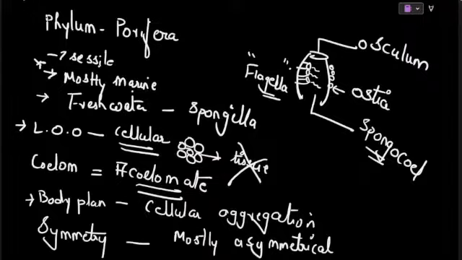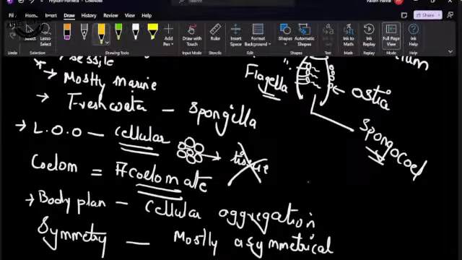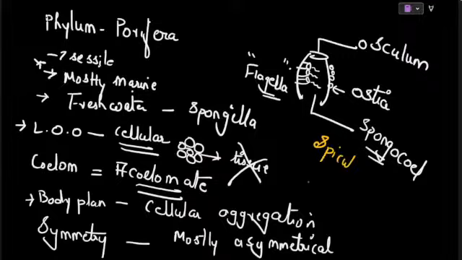The minute opening is known as ostia. The central cavity is known as spongocoel. The endoskeleton is made up of spicules or spongin fibers.